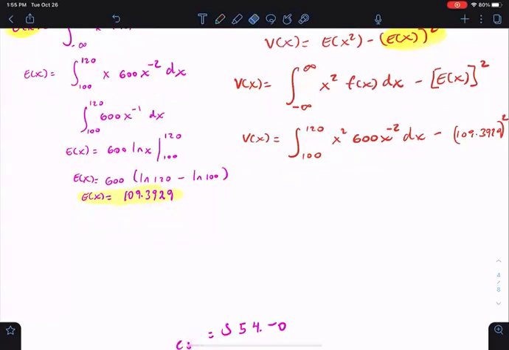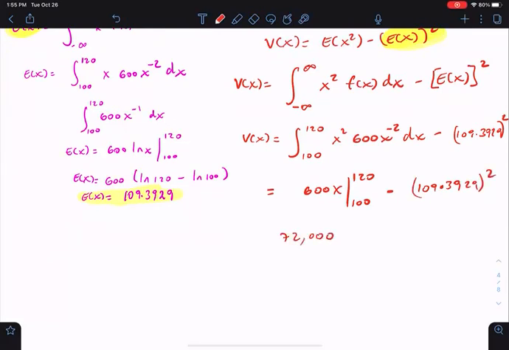So sorry about that. So compute. This is equal to 600x from 100 to 120, minus 109.3929 squared. So what is this? 72,000 minus 60,000 minus 109.3929 to the second power.